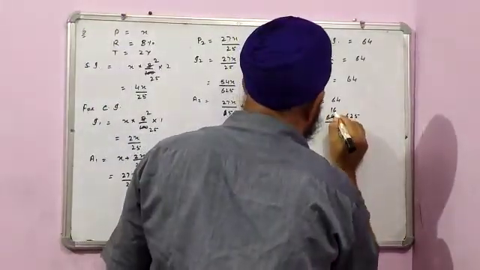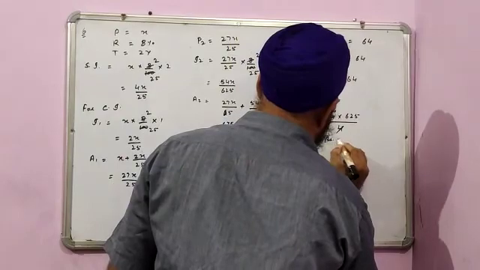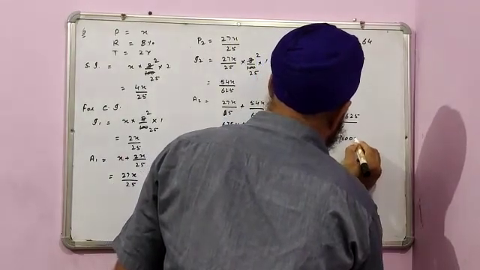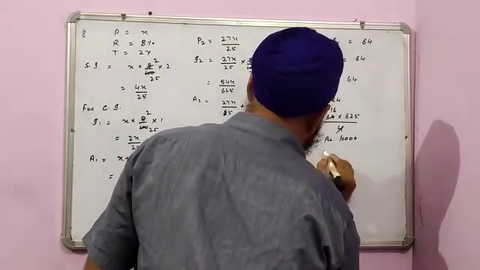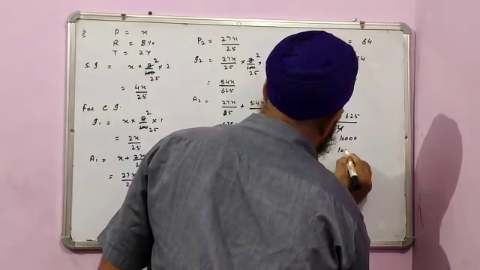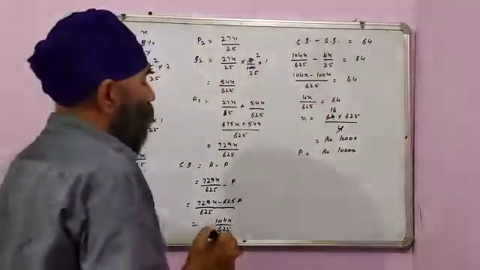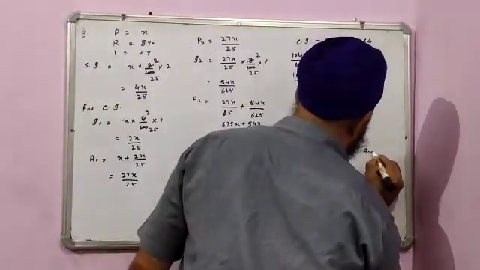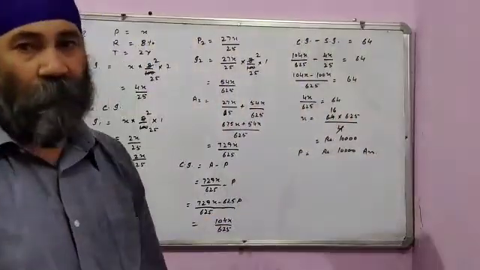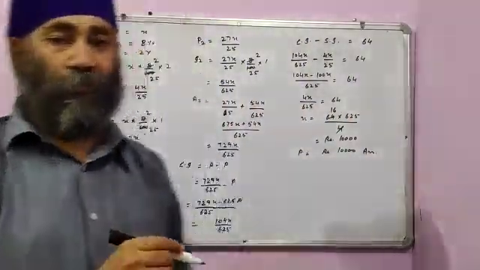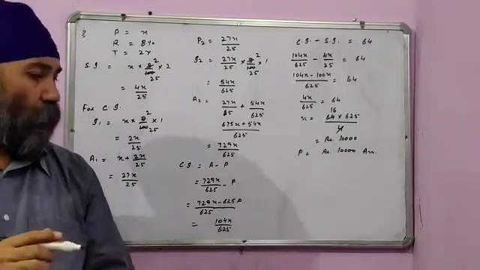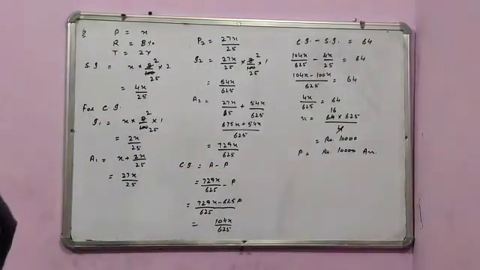So it is 16. So x is rupees 10,000. So principal is rupees 10,000. Answer. So this is the answer for principal, rupees 10,000.